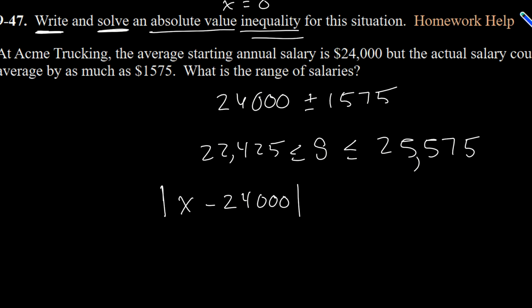That's now saying the most that this can differ from the origin is by $1,575. It can vary by that much, but not more than that, so it's less than or equal to 1575.